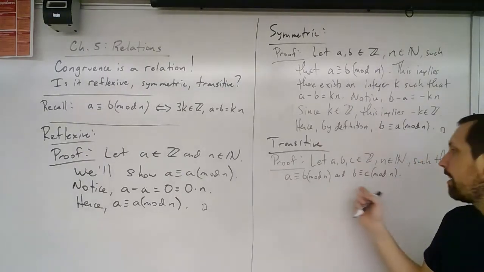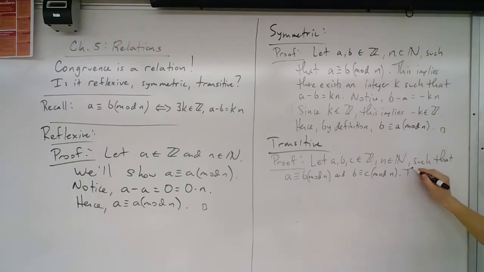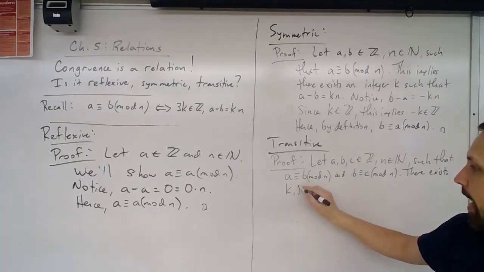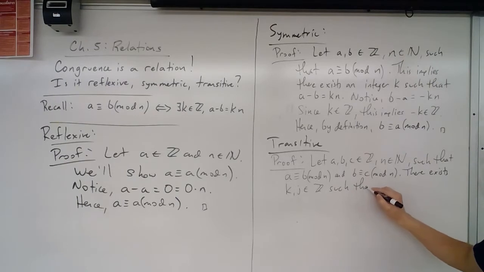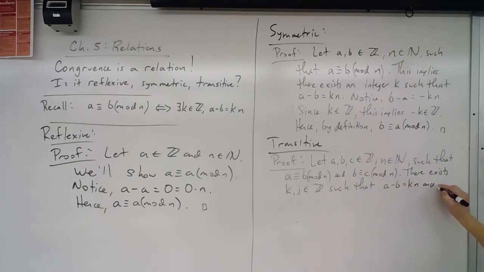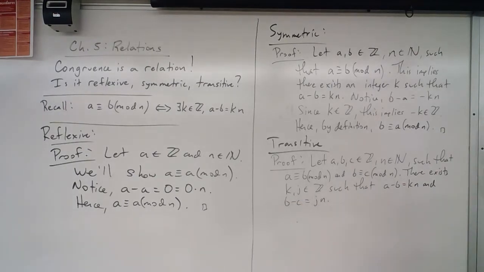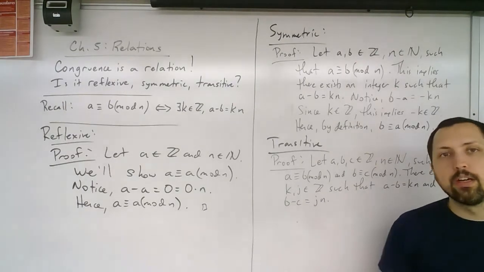So we'll just unpack these definitions using this over here. So what that means is that there exist some k and j in the integers such that a minus b is equal to kn and b minus c is equal to jn. So we know that there exist these integers that make both of these true.